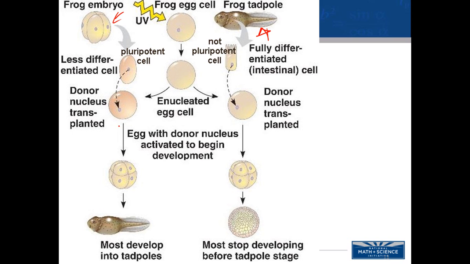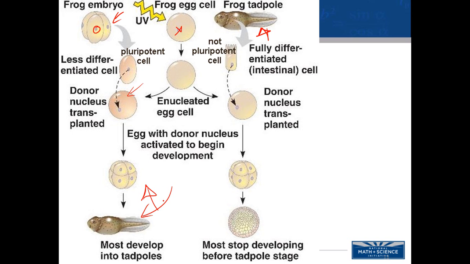And over here on the left-hand side, they have taken the nucleus from a frog embryo and they have then put it into an egg that is what we call enucleated, which means they took out the nucleus. And now they're transferring it into this enucleated egg. And most of the time, that will result in a tadpole.